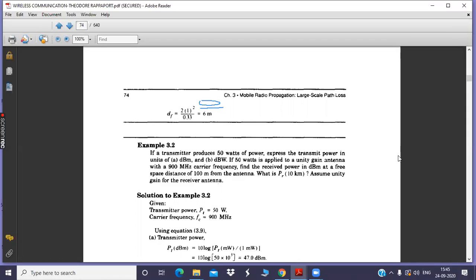And that Fraunhofer distance depends upon the linear dimension of the antenna, capital D, as well as the wavelength. The equation is DF equals 2D square by lambda. Capital D is 1 meter. As of now, you got lambda as 0.33. You just substitute, you will find 6 meter. So 6 meter can be called the Fraunhofer distance, or otherwise the far field distance.